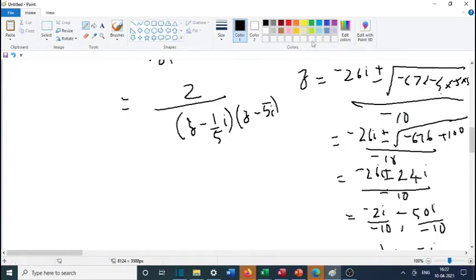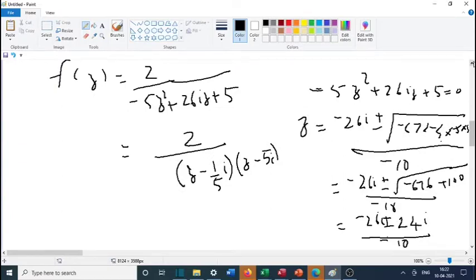But the leading coefficient here is minus 5. If we multiply out, z into z is z square, so we have to include the minus 5 factor as well.